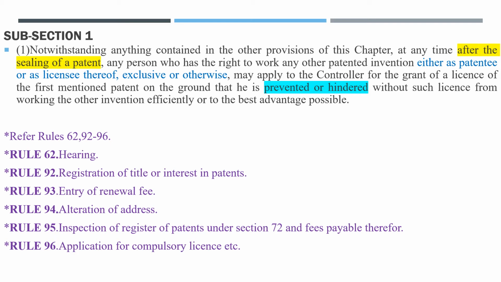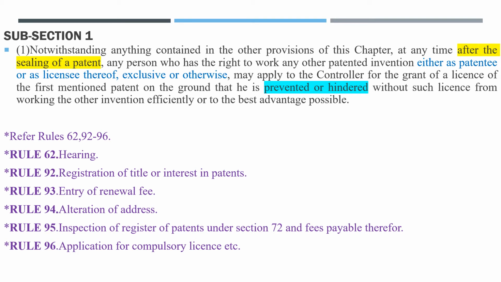Then what is the ground? The ground is the applicant is prevented from working the other invention efficiently without such license. This is the ground or the reason for which this type of applications are filed.